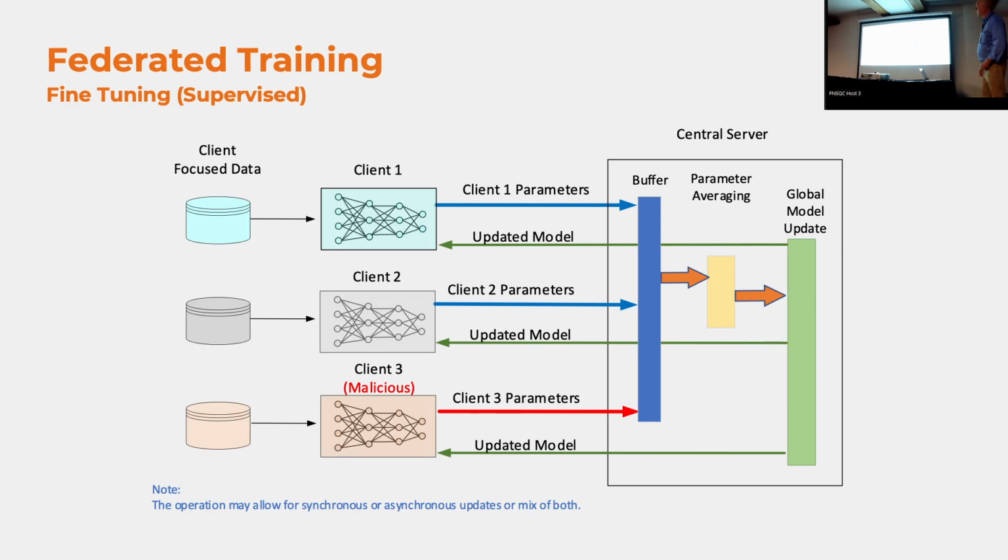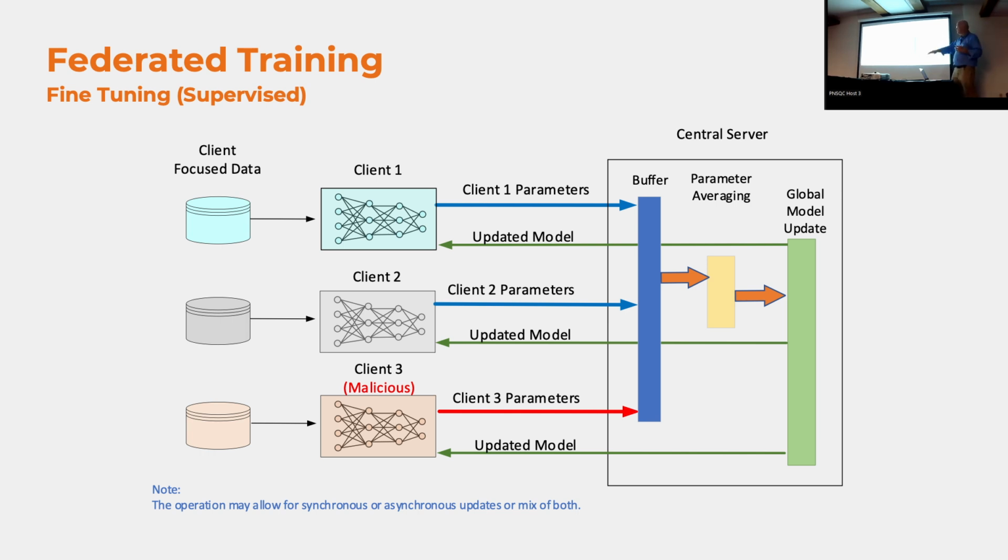Okay, so this is federated training, right? As you can see, you have the focus data or fine-tuning data for all these different clients, right? And as they go through it, the clients run their data, and then they send the parameters up to a shared server. The shared server has a buffer, and it'll do the parameter averaging.